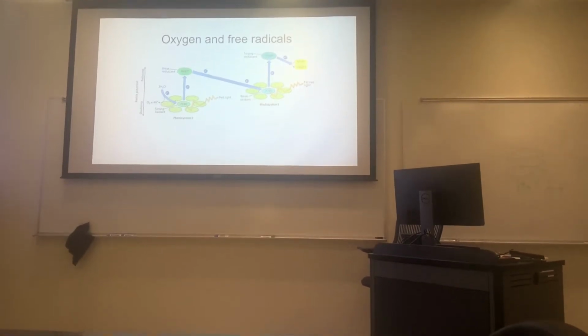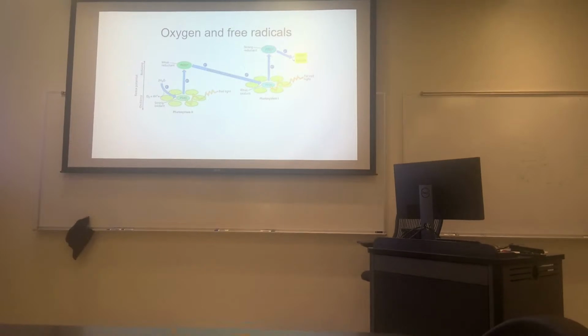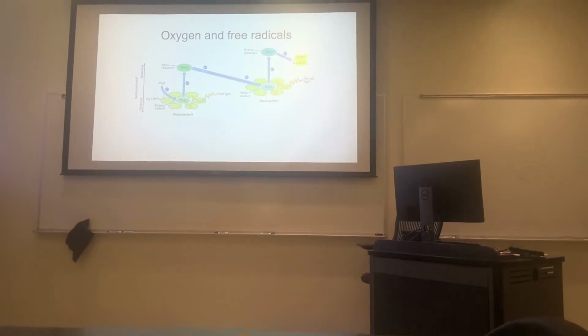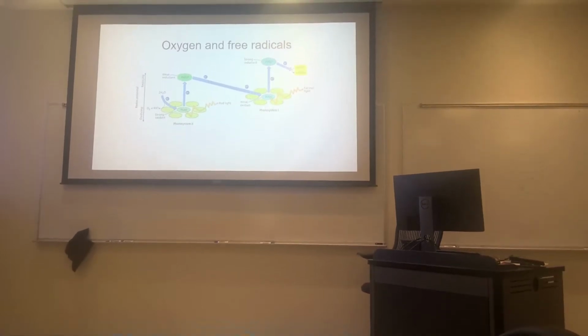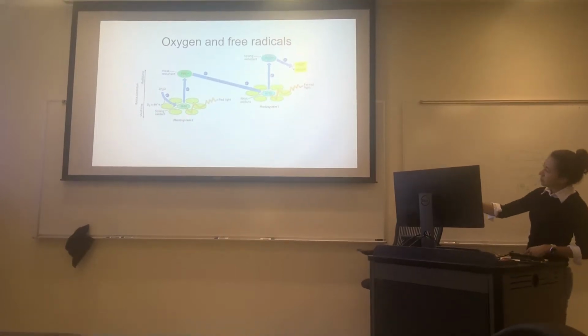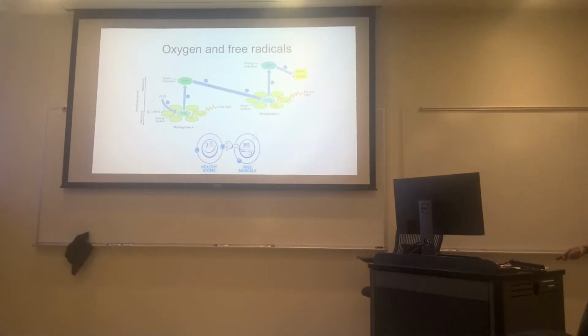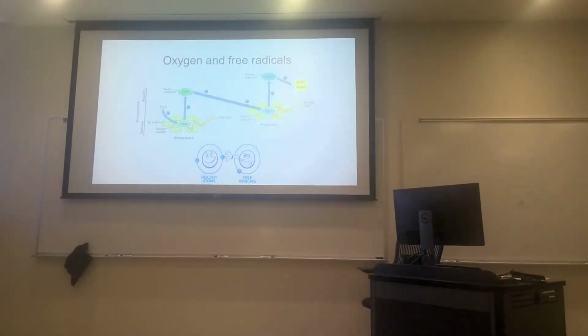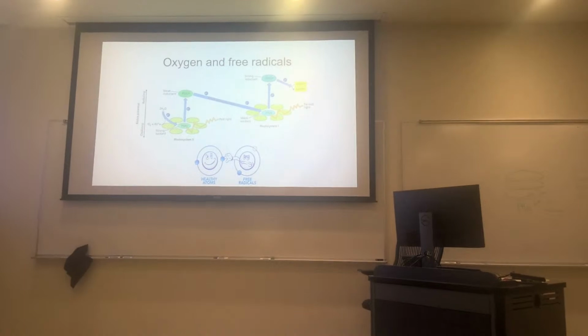All of that excess of electrons can damage the photosystem, so the chlorophyll molecules. And one of the most important things is that photosystem II releases oxygen, and oxygen can generate reactive oxygen.